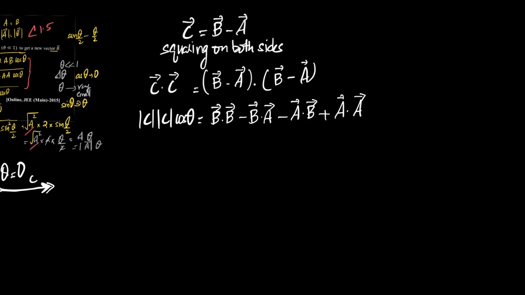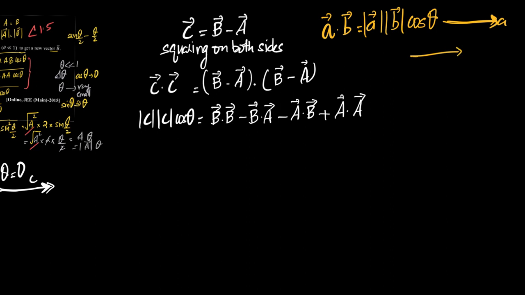Now if you have confusion in understanding the concept, it is very simple. See, what is vector a dot vector b equal to? It is equal to modulus of vector a into modulus of vector b into cos theta, where theta is the angle between these two vectors. Now what is the angle between vector a and vector a? See, this is vector a. If you keep one more vector a on top of it, the angle between these two vectors is 0 degree, right?